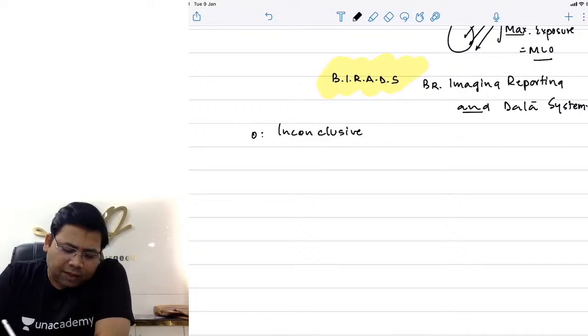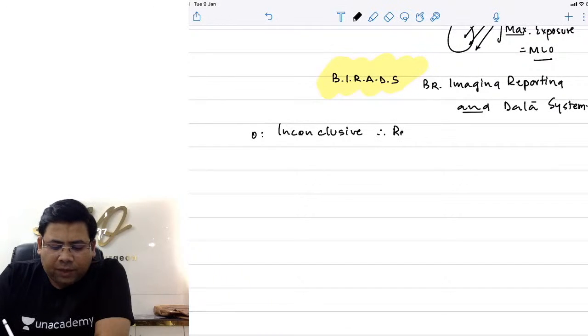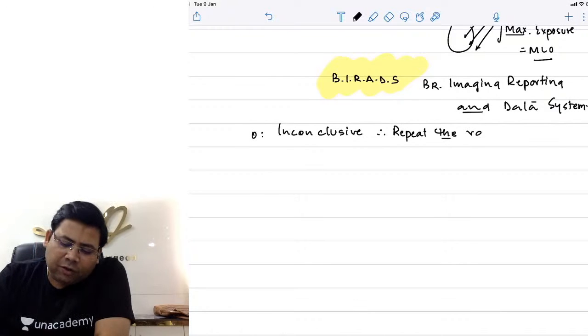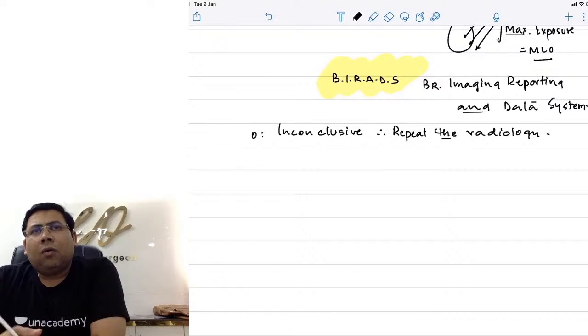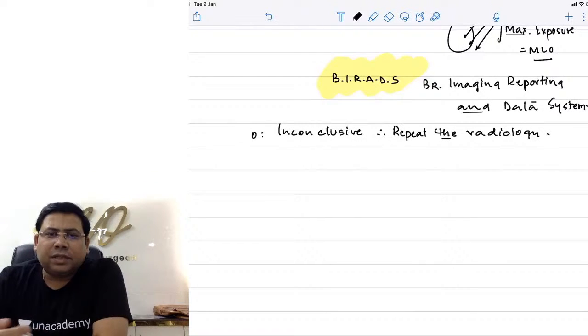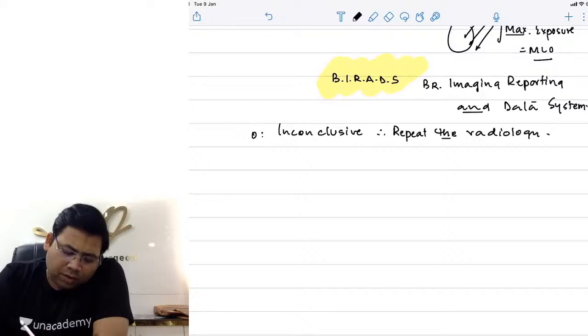And when you talk about inconclusive, therefore repeat the test, repeat the radiology or change the radiology this time. Suppose you are not satisfied with mammo, you can go for mammo again, or you can go for MRI or change it to ultrasound maybe if you want.